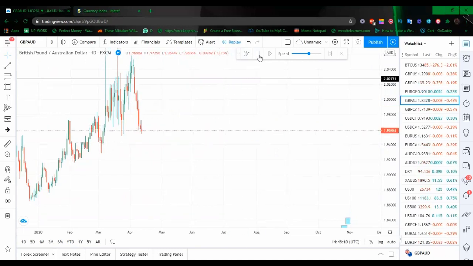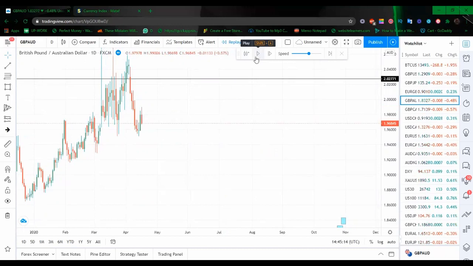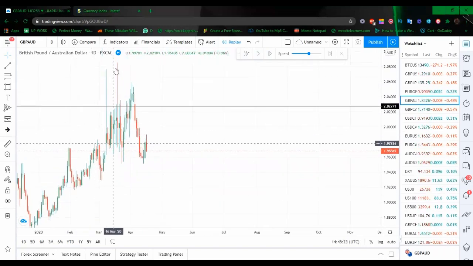Now the bearish move, the bearish move is here. Let's wait for a retracement. Wow. If you're a new trader, you would have blown your account with all of this movement.